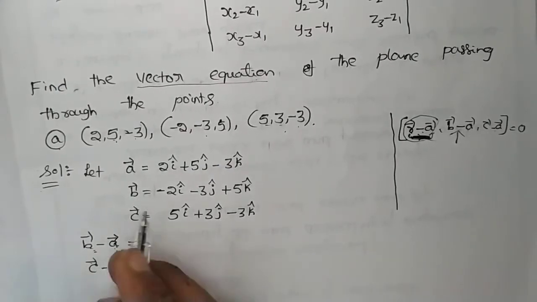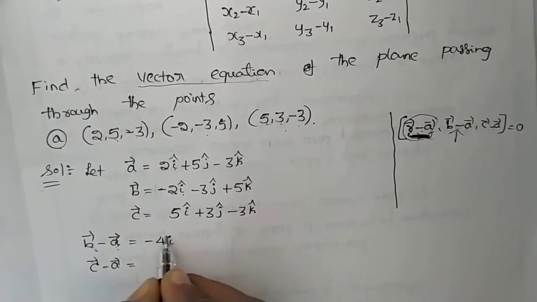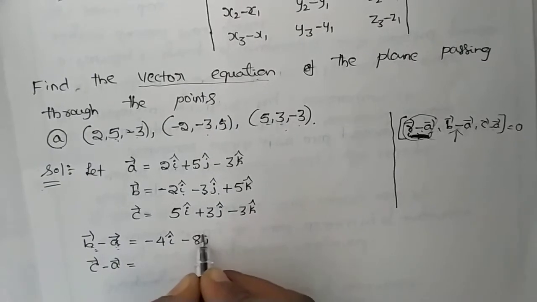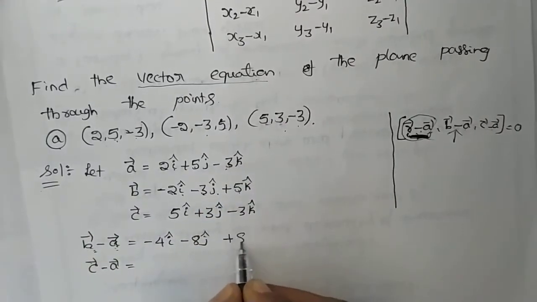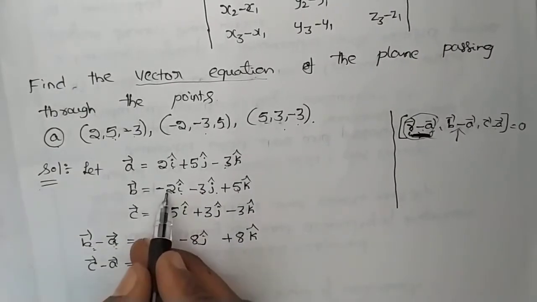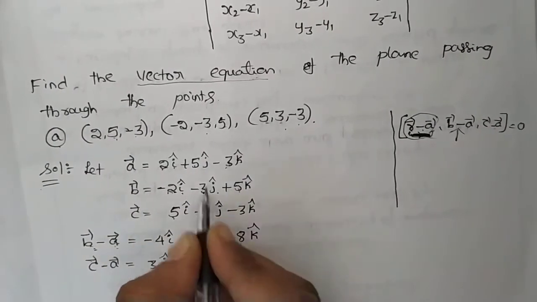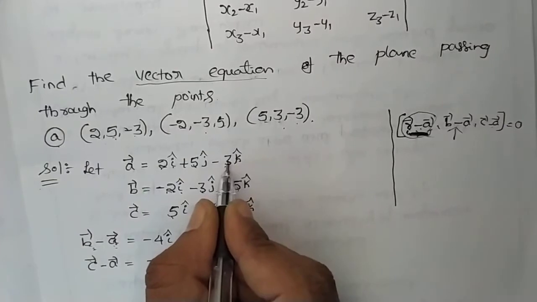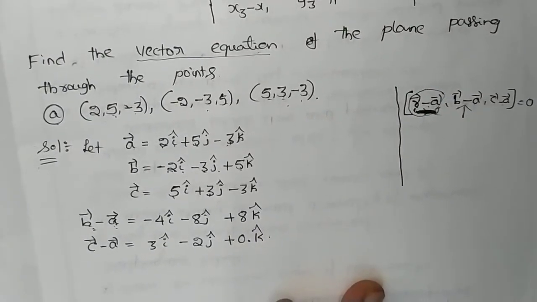For b minus a: minus 2 minus 2 is minus 4i cap, minus 3 minus 5 is minus 8j, and 5 minus of minus 3 is plus 8, so 8k. Next, c minus a: 5 minus 2 is 3i, 3 minus 5 is minus 2j, and minus 3 minus of minus 3 is 0, so 0k. That gives b minus a and c minus a.